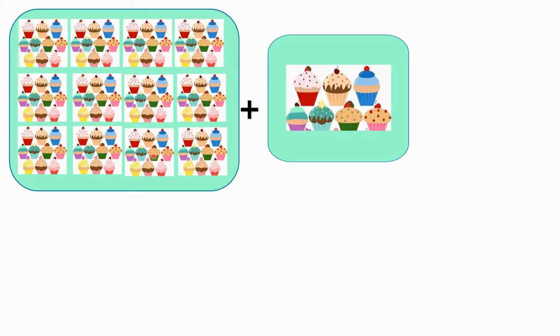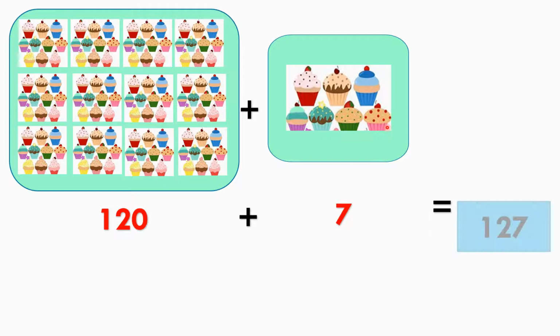Total 12 sets. It means 120. If we add 1, 2, 3, 4, 5, 6, 7 more ice cream cups, so it comes 127.